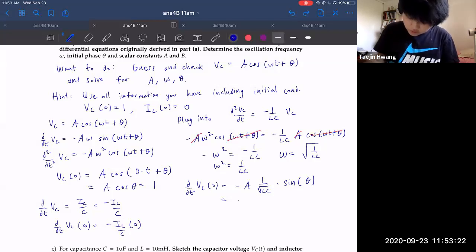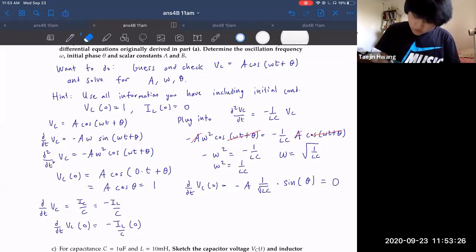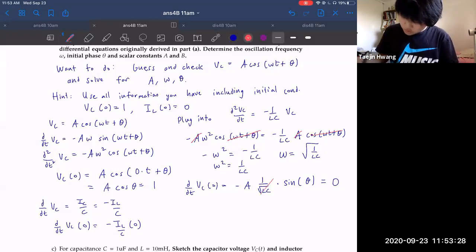So that's still equal to 0. And if we divide by 1 over square root of LC on both sides, this tells us that A sine of theta is equal to 0.